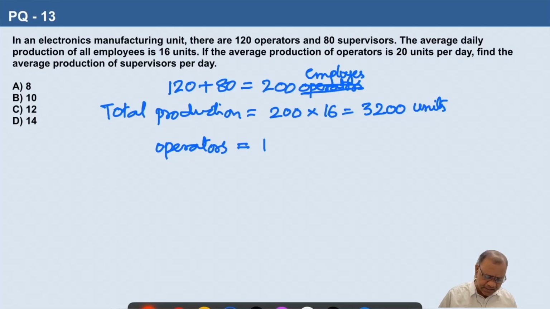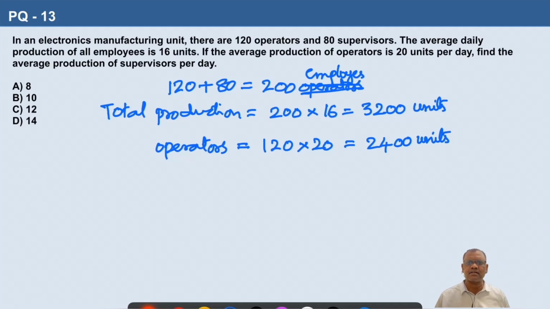There are 120 operators, so 120 times 20 is 2400 units per day. So this is the production of operators.